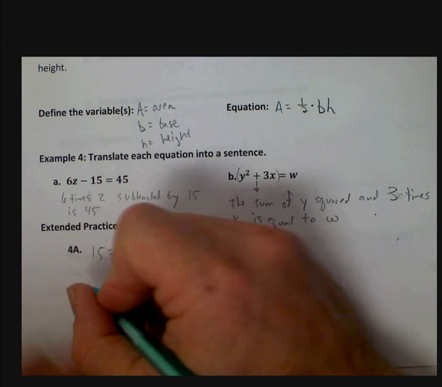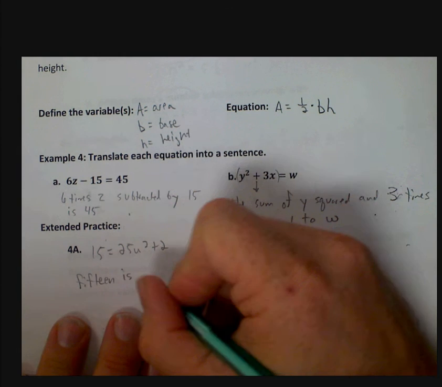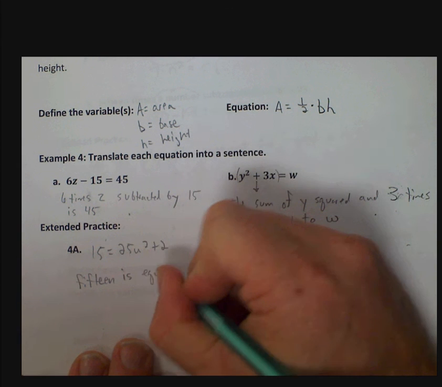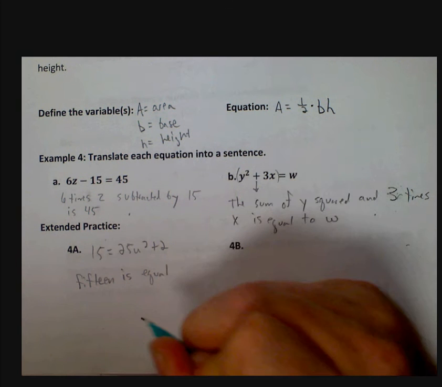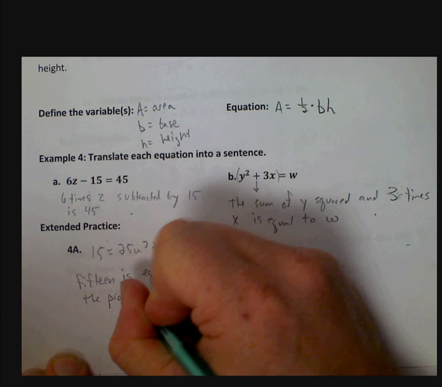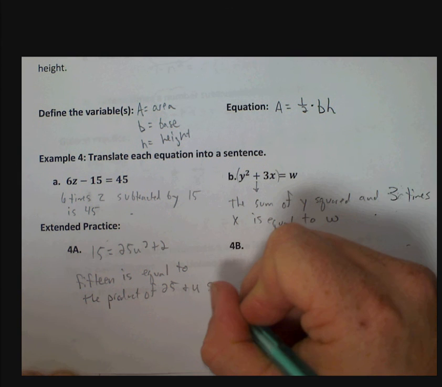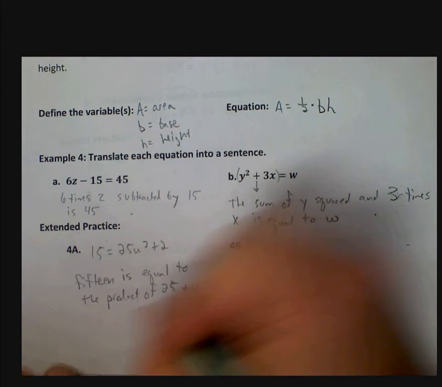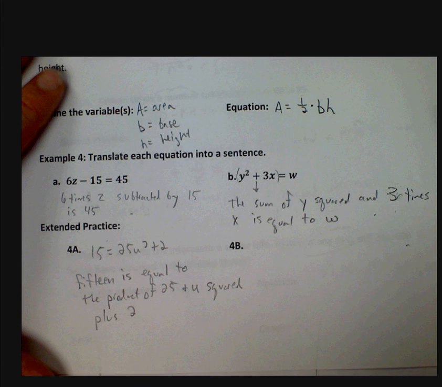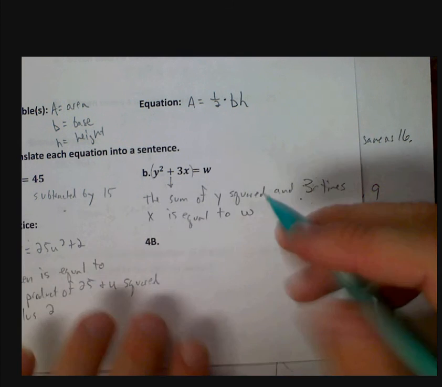Okay, so we have 15 is, let's say 15 is equal, we could use to the product of 25 and u squared plus 2. Remember that yours does not have to be exact, but it needs to sound something similar.